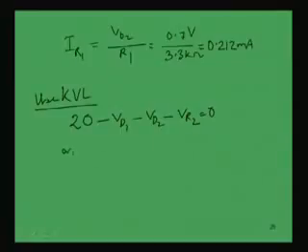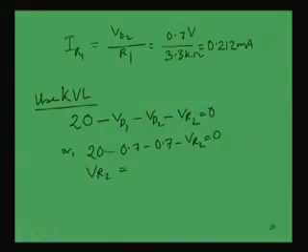Now, you substitute VD1, VD2, that you know. So, 20 minus 0.7 minus 0.7 minus VR2 is equal to 0. So, what is VR2? We can now find out. 20 minus 0.7 minus 0.7, that is equal to 20 minus 1.4, and this is 18.6 volt available across this resistance R2.